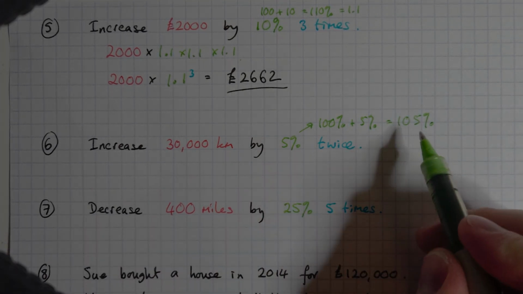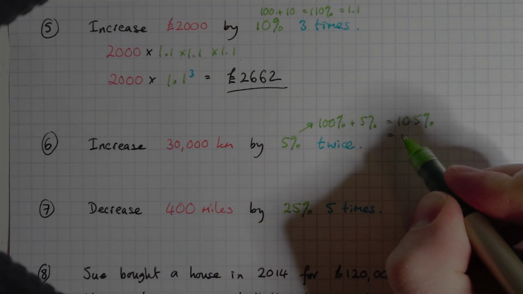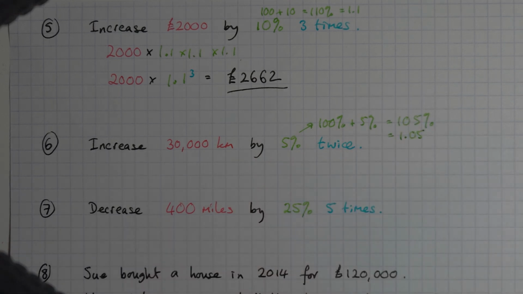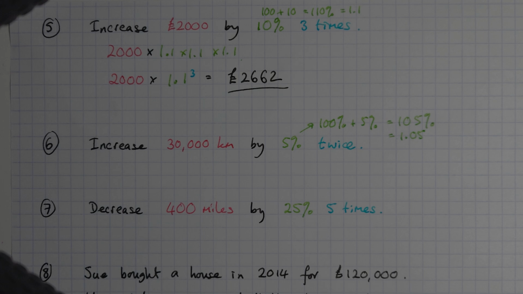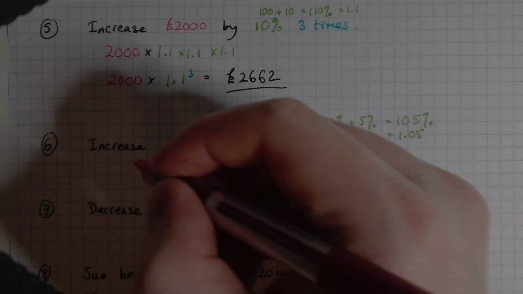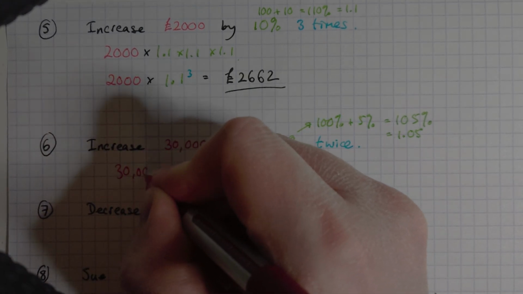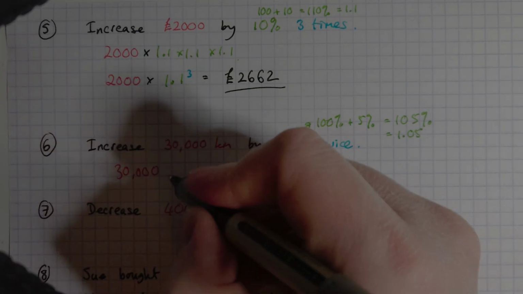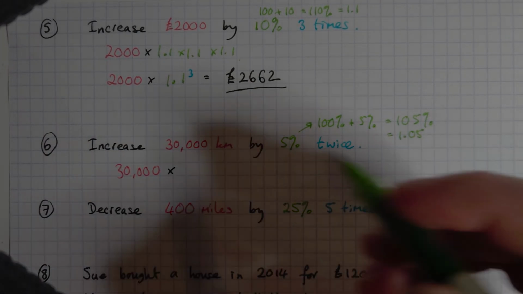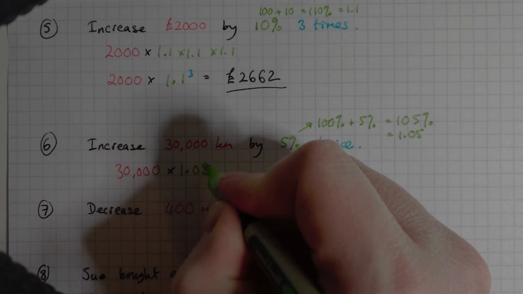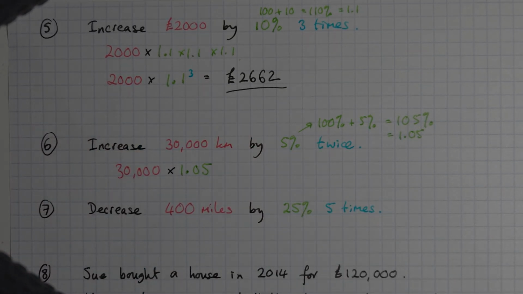Be careful, as a decimal, that's not 1.5, it's 1.05 as a decimal, and twice is the number 2, isn't it? So I'm going to write this as 30,000 multiplied by the multiplier I need for a 5% increase, which is 1.05. I don't want to do it just once, I want to do it twice, 2 times. So that's a little blue power 2 there.